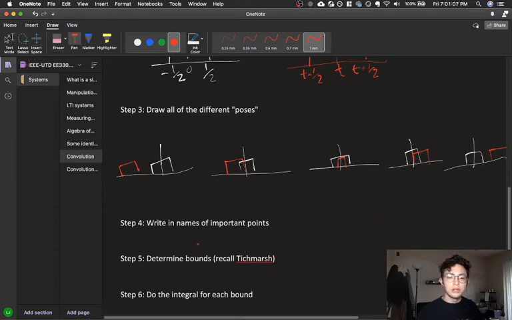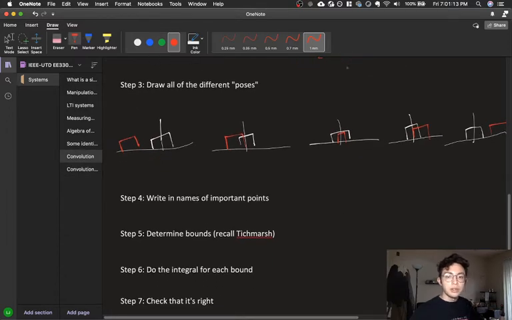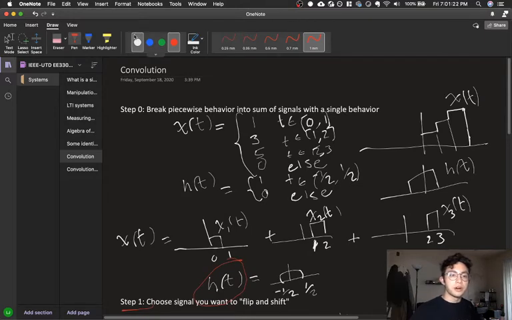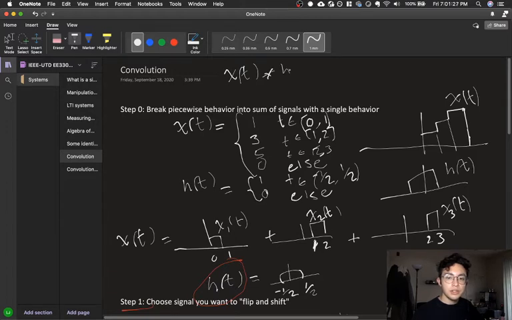We're going to get 0 for those 2 where they're not touching, because convolution is just going to be the area. I probably should have written down the formula, the definition of convolution. So x of t convolved with h is equal to the integral from negative infinity to infinity of x of tau times h of t minus tau d tau.